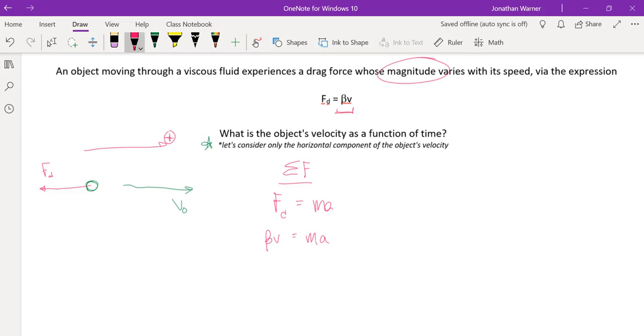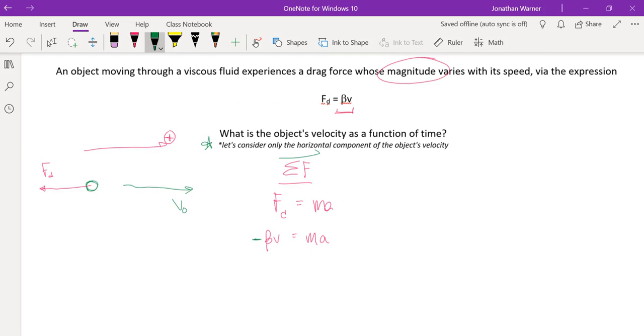Now, here's where we have to take into account that Newton's second law is a vector expression, and what we have here is a velocity that points in the positive direction and an acceleration, via this drag force, that points in the negative direction. So I'm going to say that the net force is negative b times v.